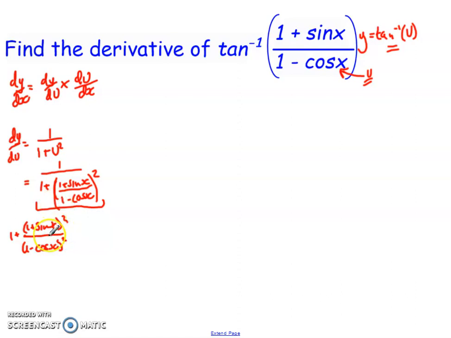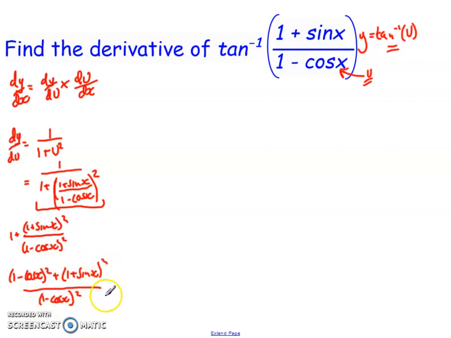To turn it into a single fraction I'll put it all over a common denominator of (1 minus cos x) all squared. So what I end up getting is (1 minus cos x) all squared plus (1 plus sin x) all squared, all divided by (1 minus cos x) all squared. Now if we go back to dy by du, we know it's going to be 1 over this, so it's 1 divided by that.